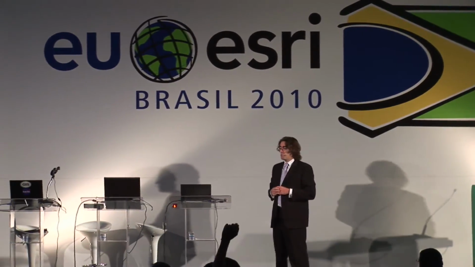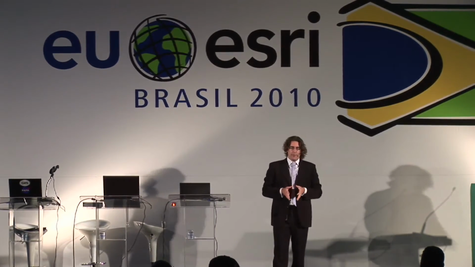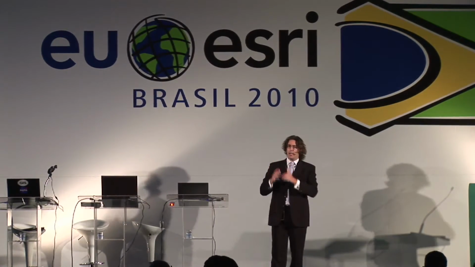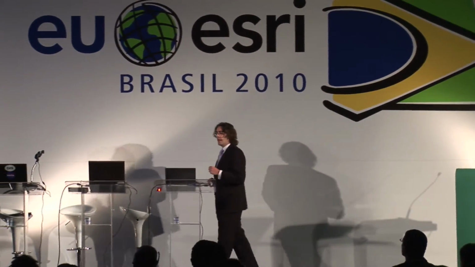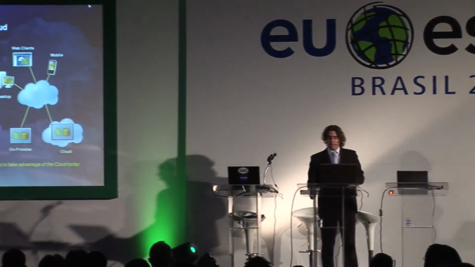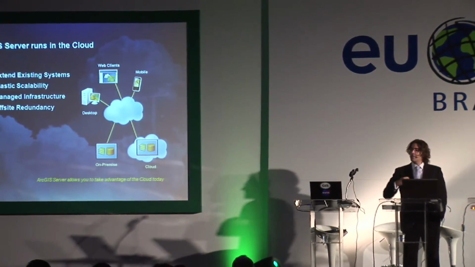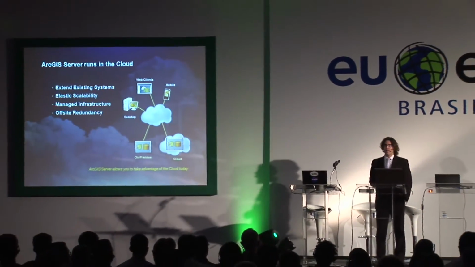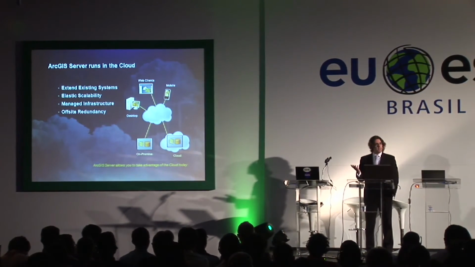The other option is, I don't even want to bother about having a different relationship with a hardware provider like Amazon. I want Esri to give me that computer in the cloud already. We can do that too. We call that ArcGIS Cloud Infrastructure, where you can ask Esri to set up a machine in the cloud. So we give you access to that machine which has ArcGIS Server pre-configured. Do you follow? I think it's pretty simple.